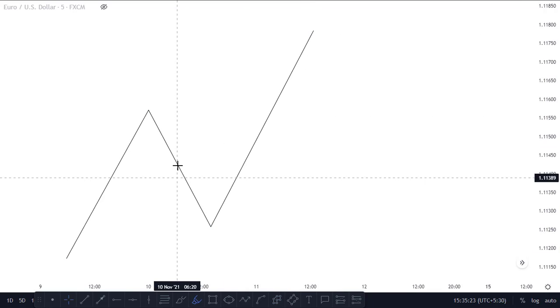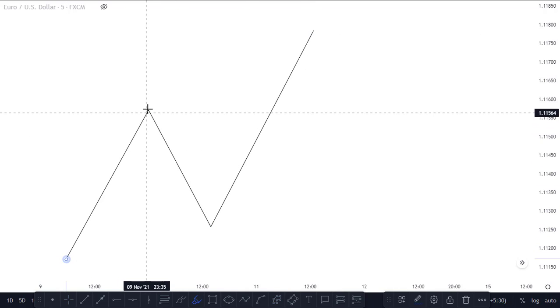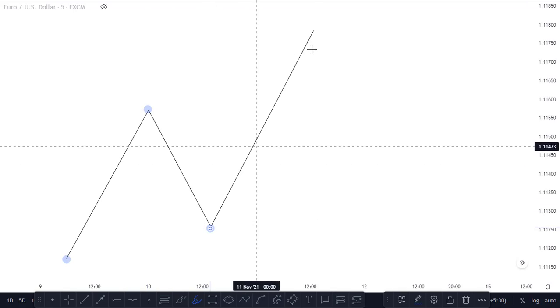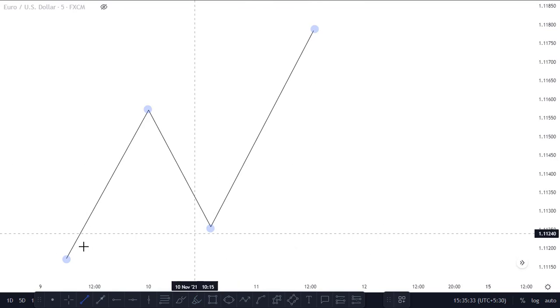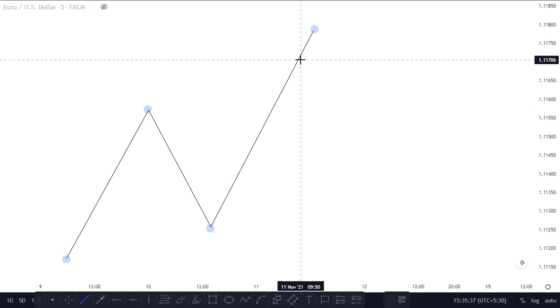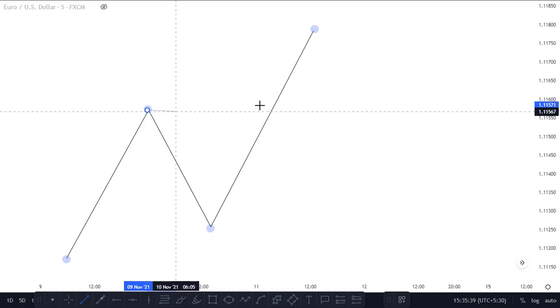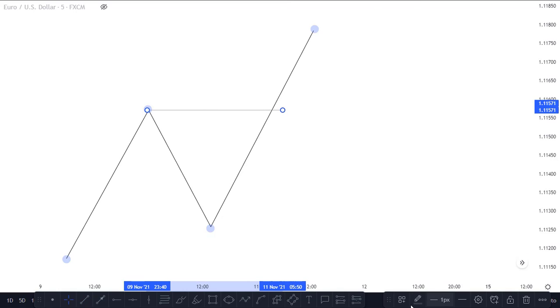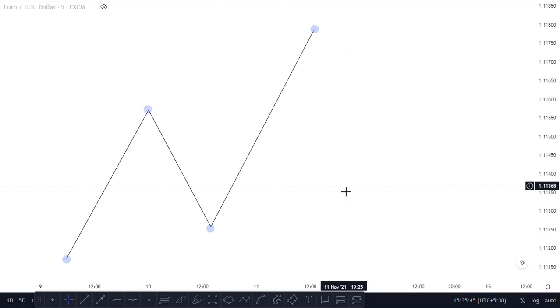And you know exactly this is the low, this is the high, this is the higher low, this is the higher high. Bit challenging. So we have low, high, higher low, higher high. So we have got a break of structure here. This is your break of structure.